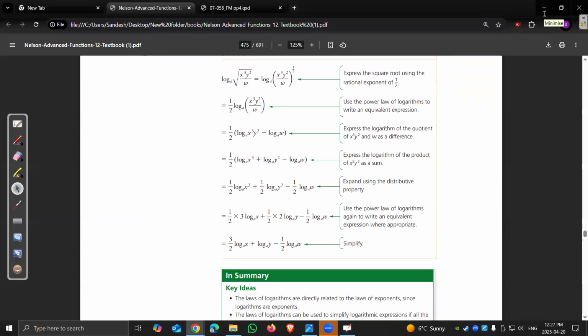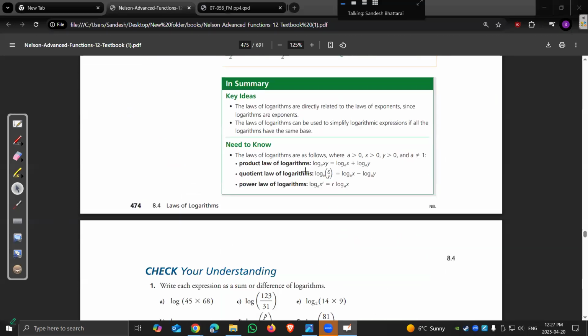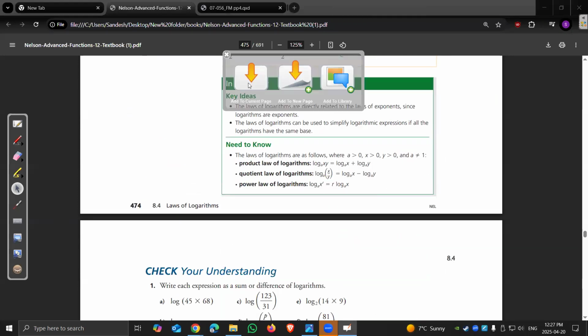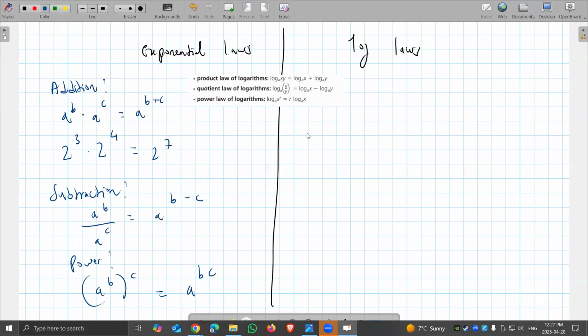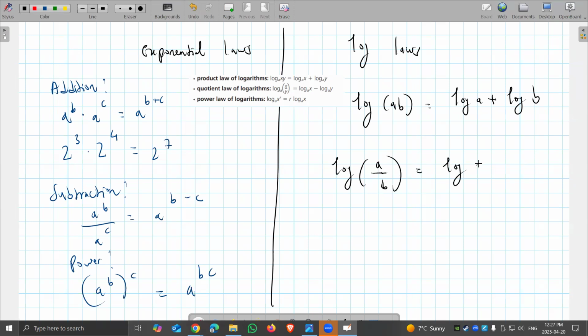Now the same thing exists for logs. If you have log of AB, okay, they're being multiplied, what you can do is split them into an addition, like that. If you have a division, you subtract them.